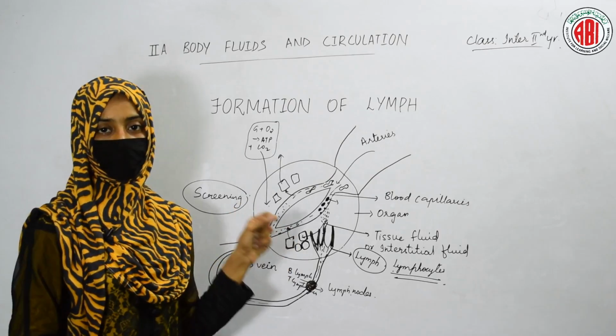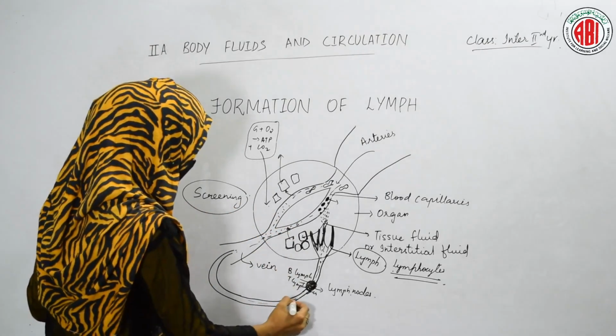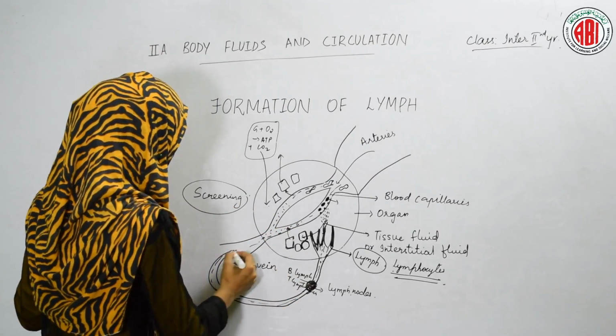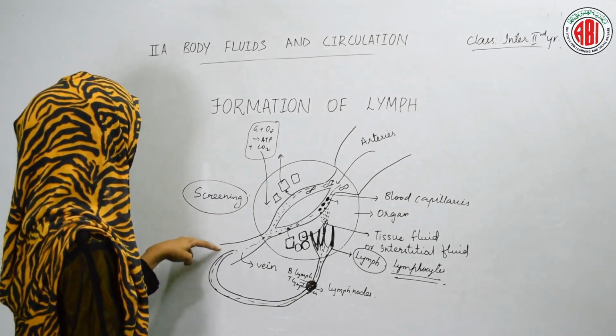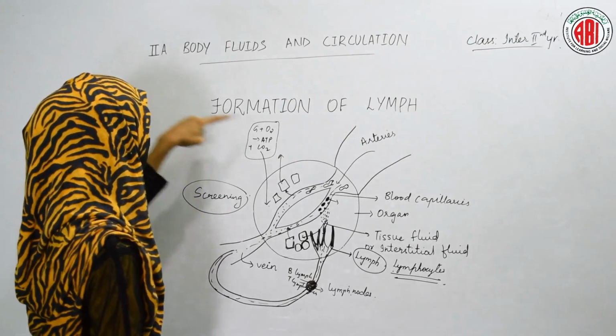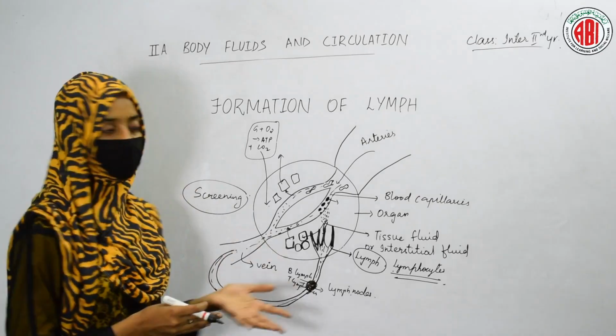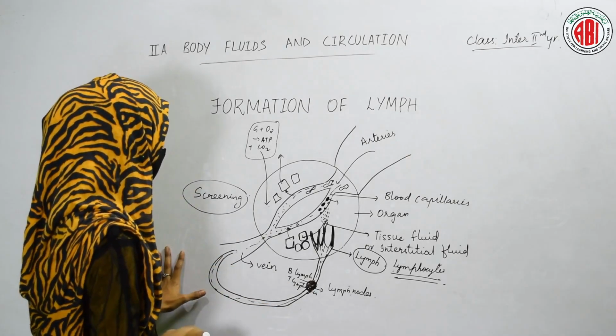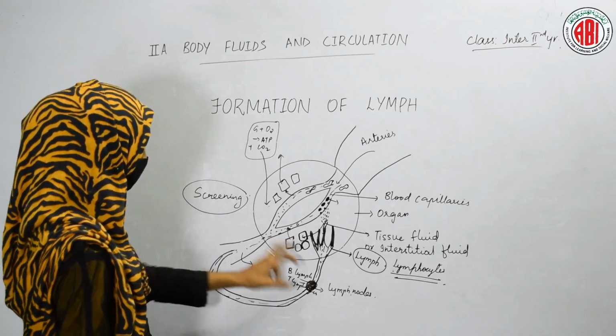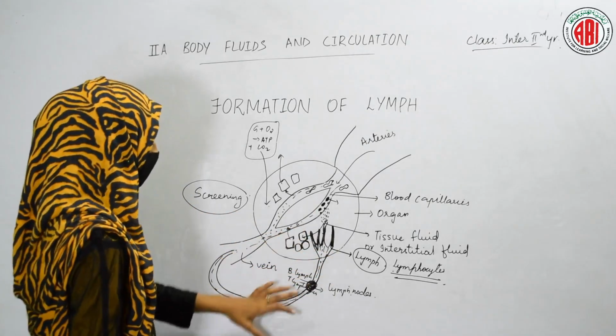If the bacteria is not present, then that fluid is sent through the lymph vessels into the vein, and the vein carries that blood to the heart for oxygenation. This is how the process of screening takes place with the help of lymph vessels and lymph nodes.